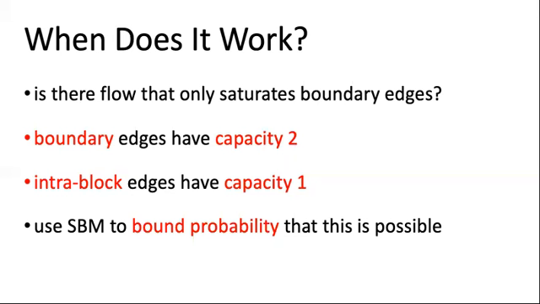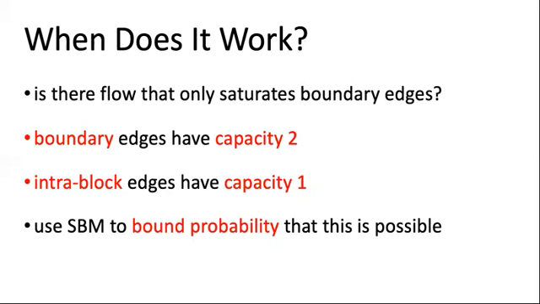We have shown in our earlier work that total variation minimization accurately recovers the cluster structure of a network if there exists a network flow over the data network such that all boundary edges with capacity 2 are saturated.